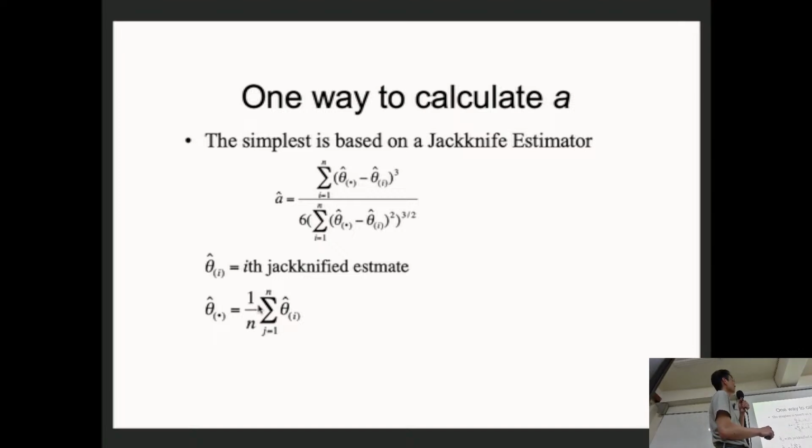This is the mean of all your jackknife thetas, and theta I is your jackknife theta I. Following this formula, you can estimate your parameter A. This is given without mathematical explanation. I decided not to explain this. It's just not very useful for students here. So you just have to follow that formula.